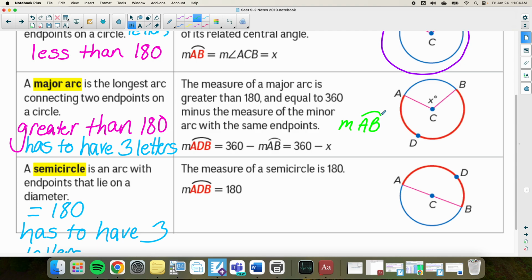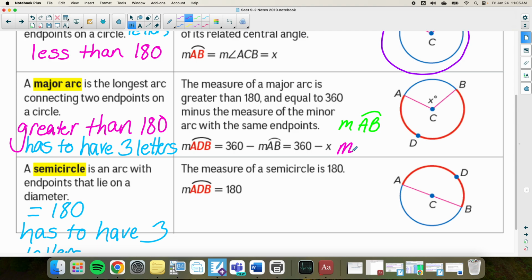Blue. When it's 2 letters, it's the shortest distance between those. When they are giving you something like the measure of arc, they'd start at one of these endpoints, they'd give 1 point along the way, and then they'd stop at the other endpoint.